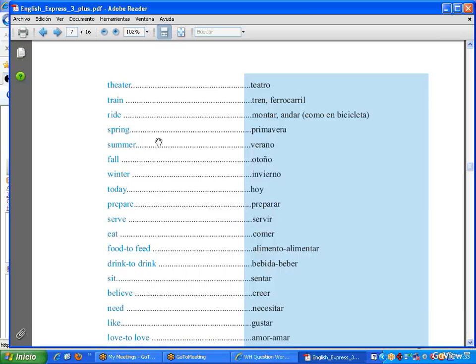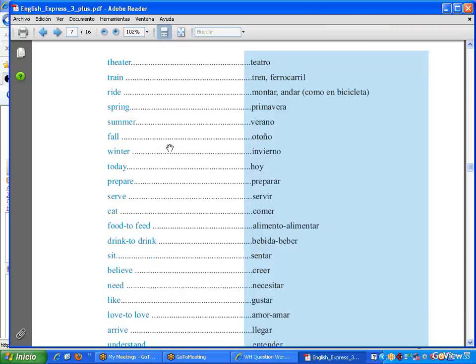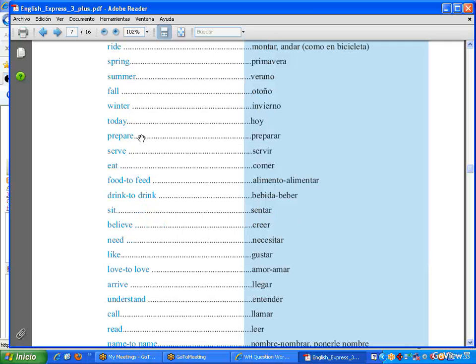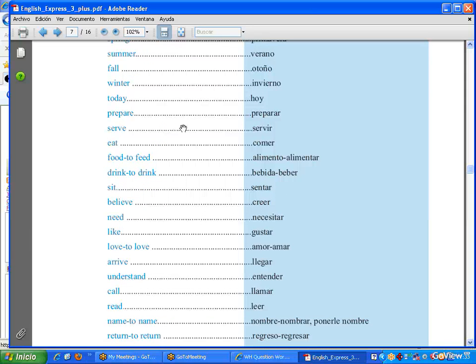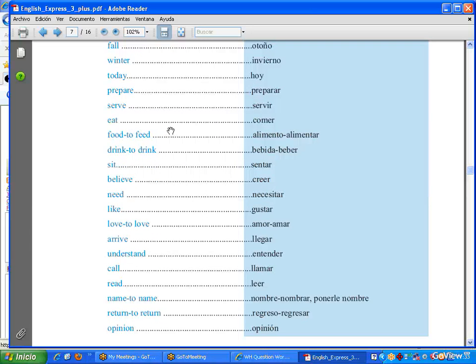We have the seasons: spring, summer, fall, winter. We can say autumn, otoño, autumn también in English. Today. Then we have lots of verbs that you need to learn. To serve, to prepare, to eat, to feed, to drink.